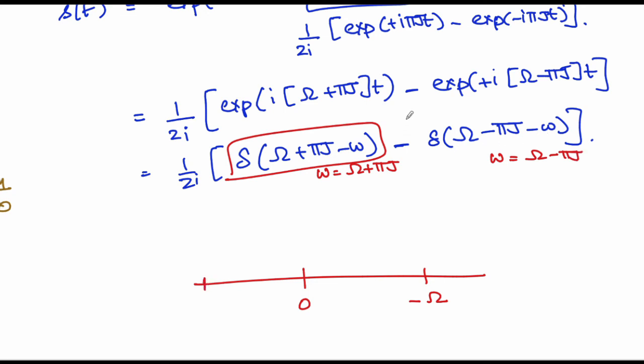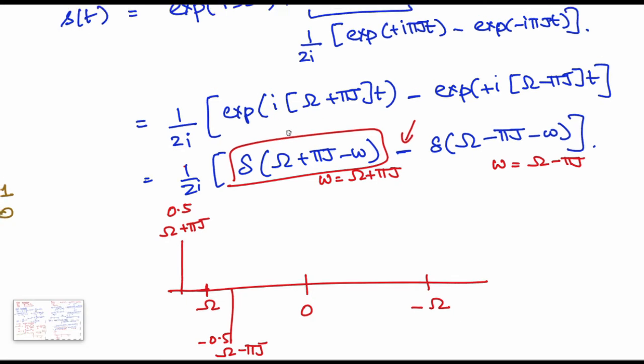However, it has a 1 over 2 and a minus sign. So what you will end up getting is something of this sort. This is omega, omega plus pi J, omega minus pi J. So this will be 0.5 to minus 0.5. The minus comes up because you have a negative sign here.